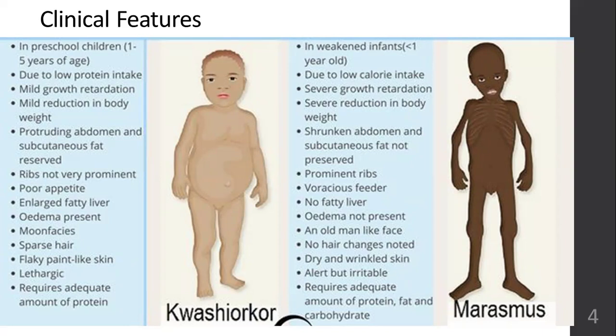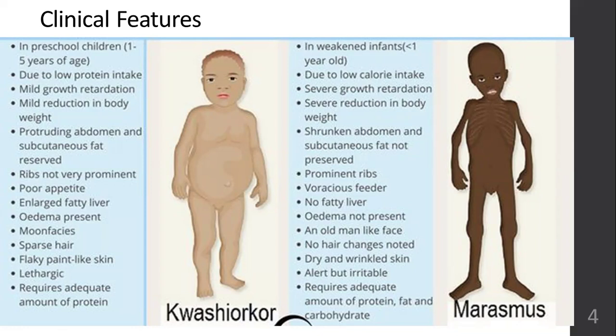Mild growth retardation, mild reduction in body weight, but the body weight will not fluctuate much because it is coming from water retention. The child has a protruding abdomen and subcutaneous fat is preserved. Ribs are not prominent because of edema. You will not see the child's bones much. Enlarged fatty liver because it affects fat metabolism.